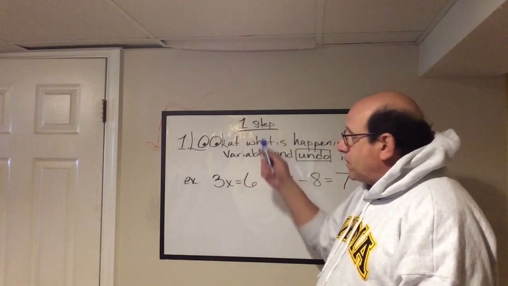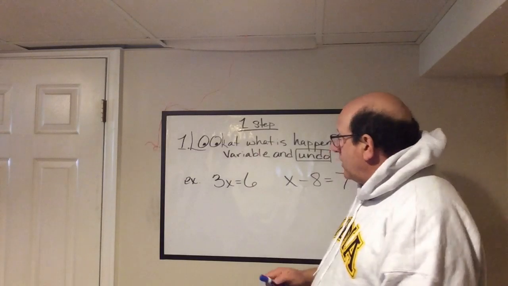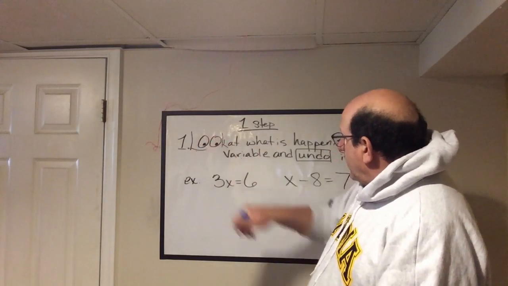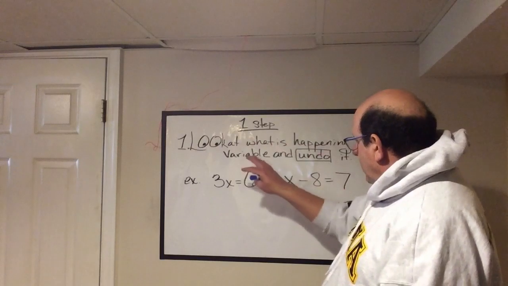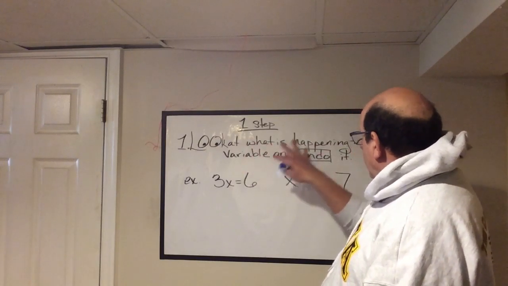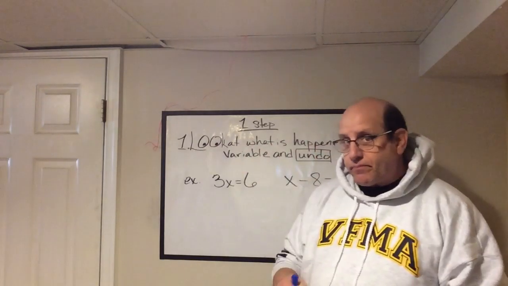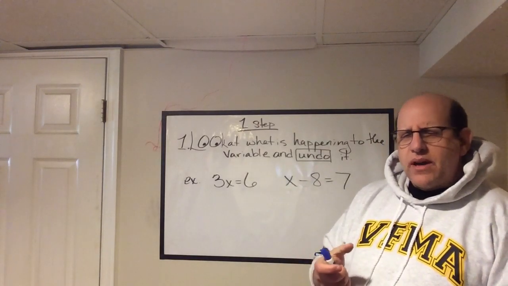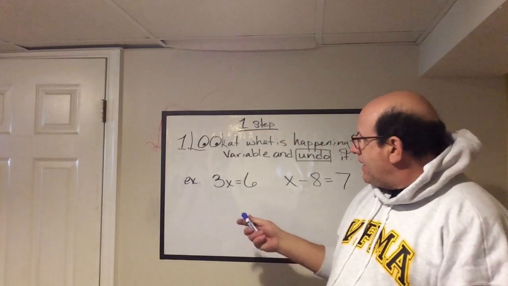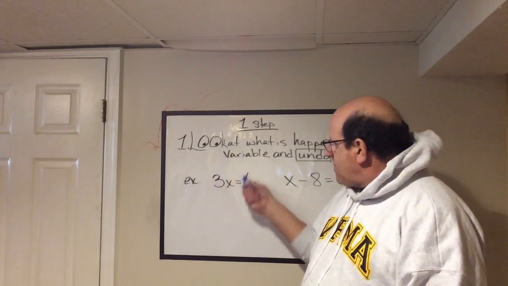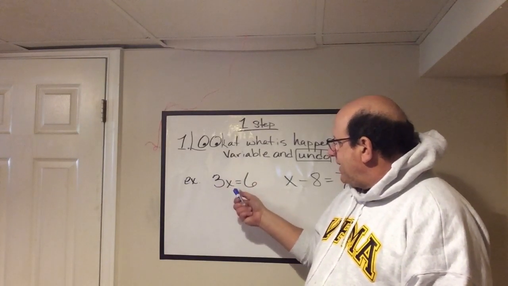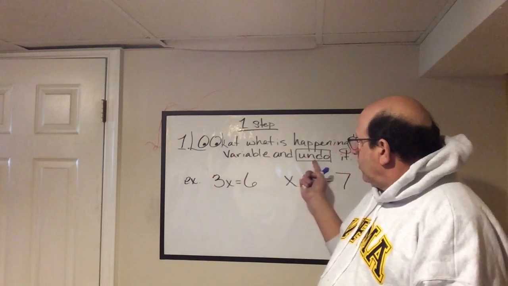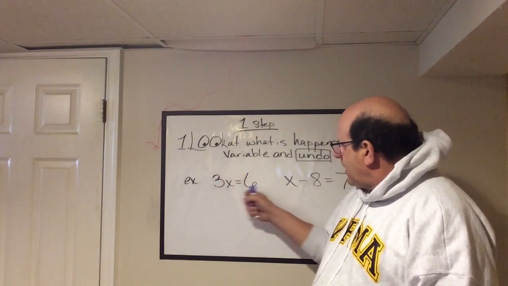And all we have to do with this single step equation is look at what's happening to the variable and undo it. That's a short, simple way of saying, hey, is there something happening here that I need to undo to get x all by itself?